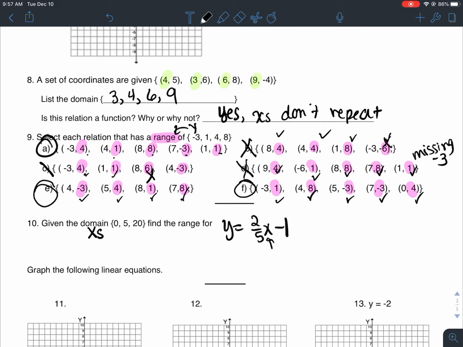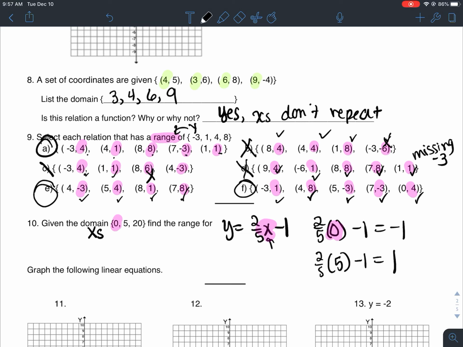So we'll do these one at a time. We'll do 2/5 times 0 minus 1. Right, we plugged it in for the x. And then you get that it's going to be -1. Then we're going to do 2/5 times 5 minus 1, which is 2 minus 1. That's going to be just a regular 1.